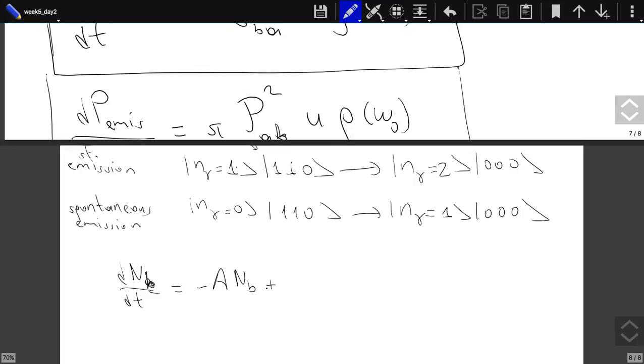Plus, of course, there will be a probability that if there are, let's say, B atoms in the system already, they will make a transition to the A state with a certain probability. This is due to, let's say, stimulated emission.